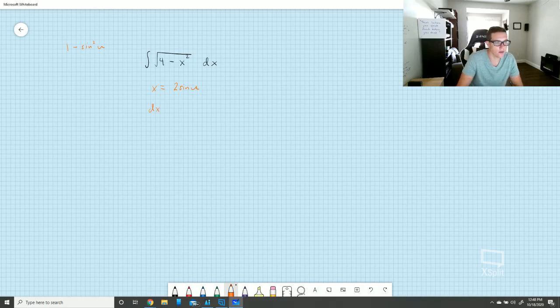So I'm going to take the derivative, 2 cosine u du. All right, so I substitute all of this into the integral, and I get 4 minus 4 sine squared u. And then in place of the dx, I put this whole thing.